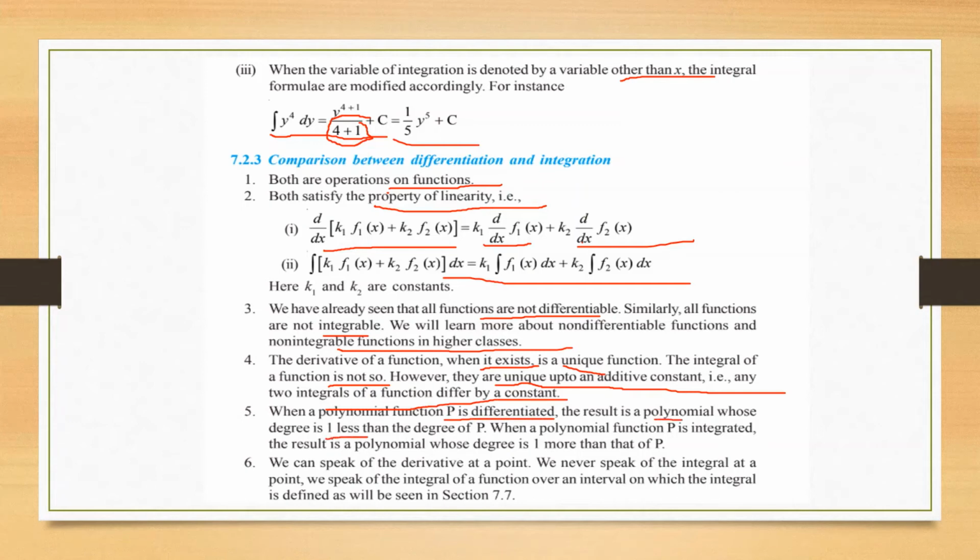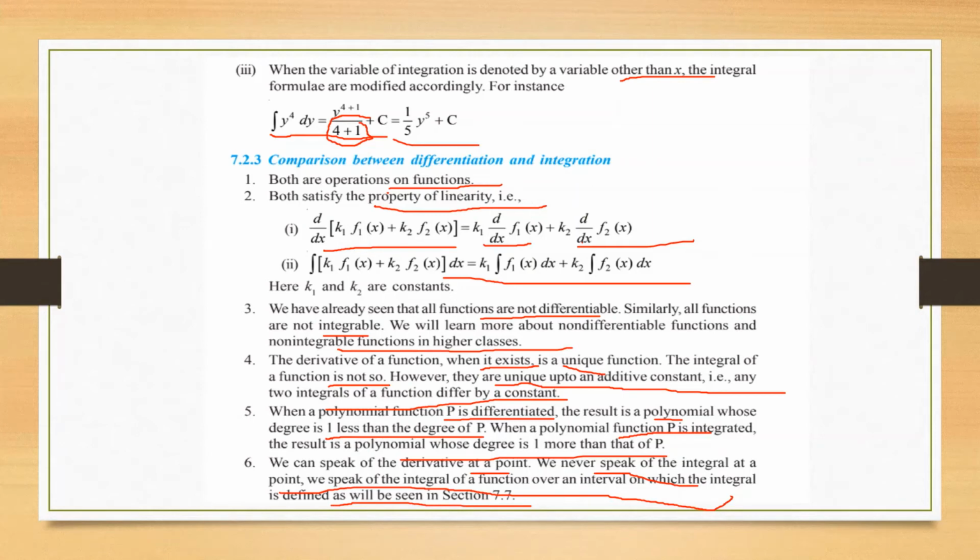Whereas when a polynomial function p is integrated, the result is a polynomial whose degree is 1 more than that of p. We can speak of derivative at a point. We never speak of integral at a point. We speak of the integral of a function over an interval on which the integral is defined, as we will see in section 7.7.